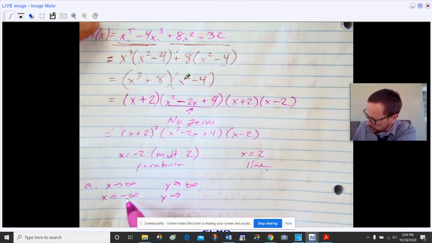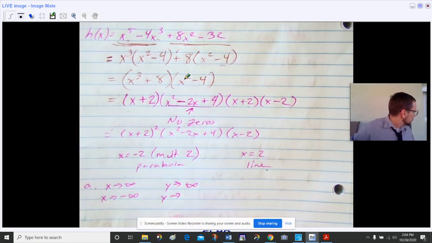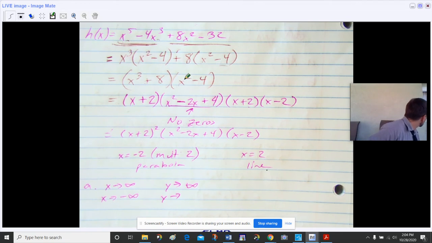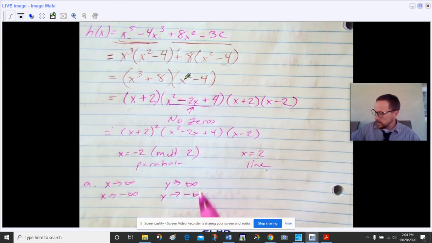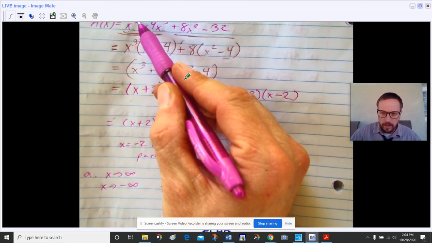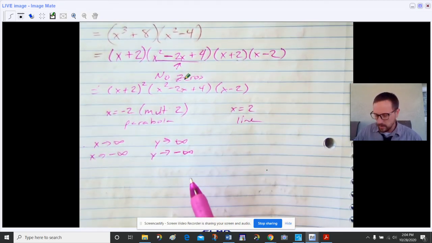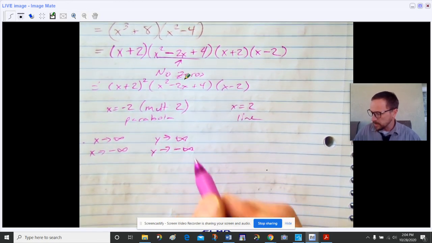And as x approaches negative infinity, y will approach negative infinity because that's an odd, O for odd, O for opposite, so opposite directions. So that's what we mean by opposite.